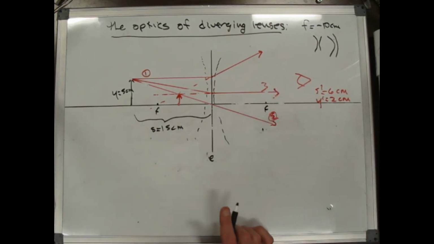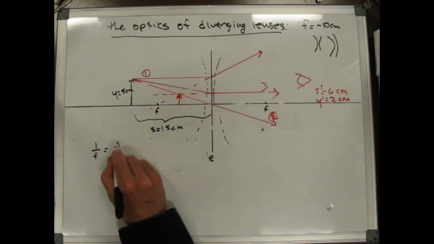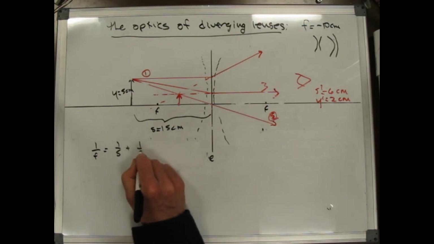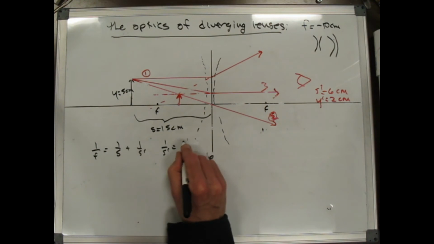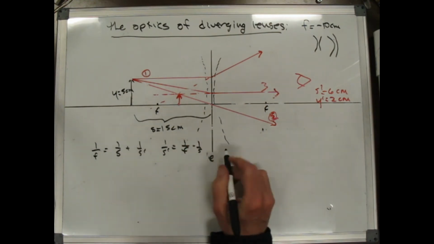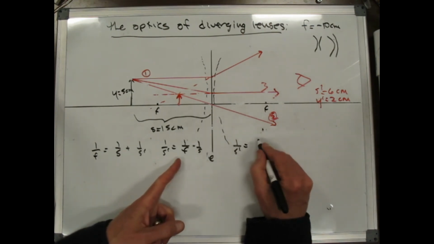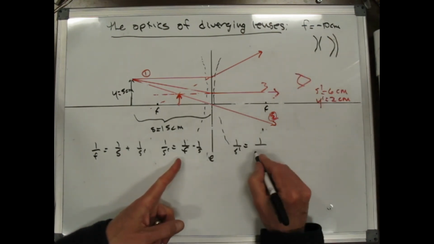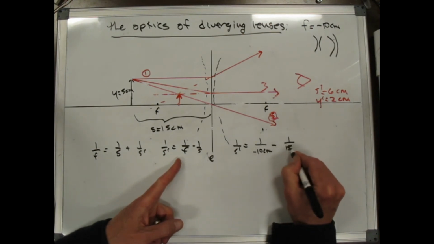And so I just go back to my regular equation. 1 over F is equal to 1 over S plus 1 over S prime. And so 1 over S prime is equal to 1 over F minus 1 over S, right? And well, so that means that 1 over S prime is equal to 1 over minus 10 centimeters minus 1 over 15 centimeters.